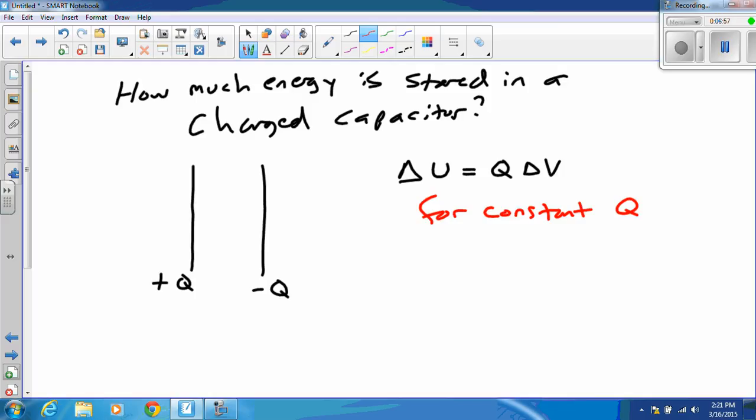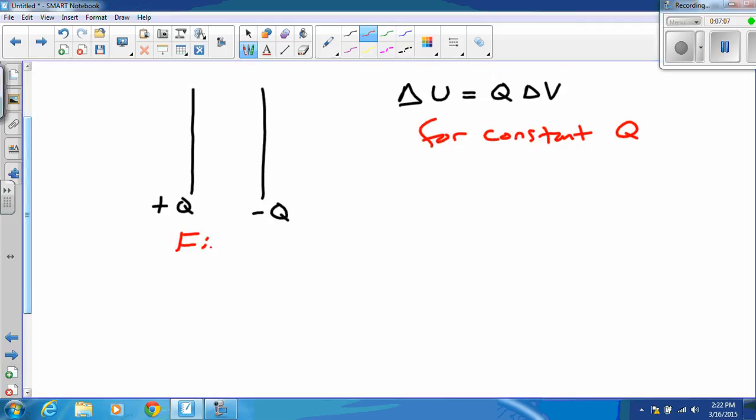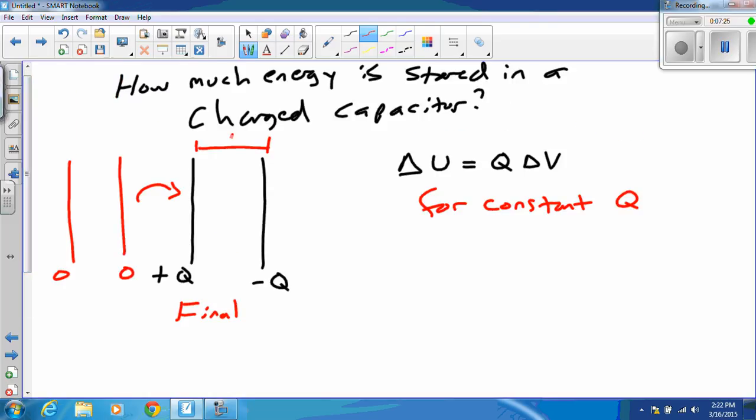And that is that the capacitor starts off uncharged with no E whatsoever. And as I pump charge into it, so this is the final state right here, but the initial state is like this, 0 volts, no charge. And as I pump charge into it, my voltage across the plates increases until we get to our final state where I have a final voltage of delta V right here, or we could just call it V, really.